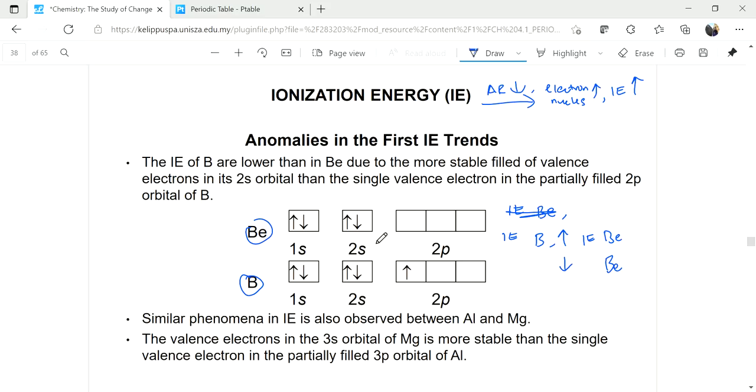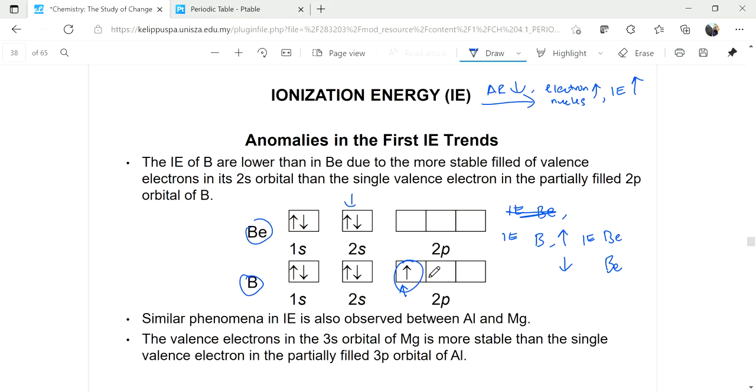Why? Because when we see the orbital diagram for beryllium, there are two electrons paired in the 2s orbital. The valence electron in beryllium is held in a pair, whereas the valence electron in boron is single in the 2p orbital.